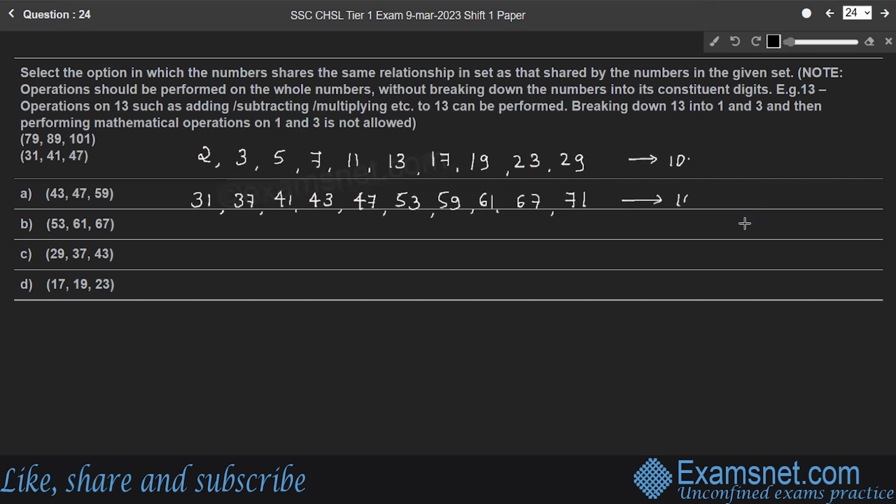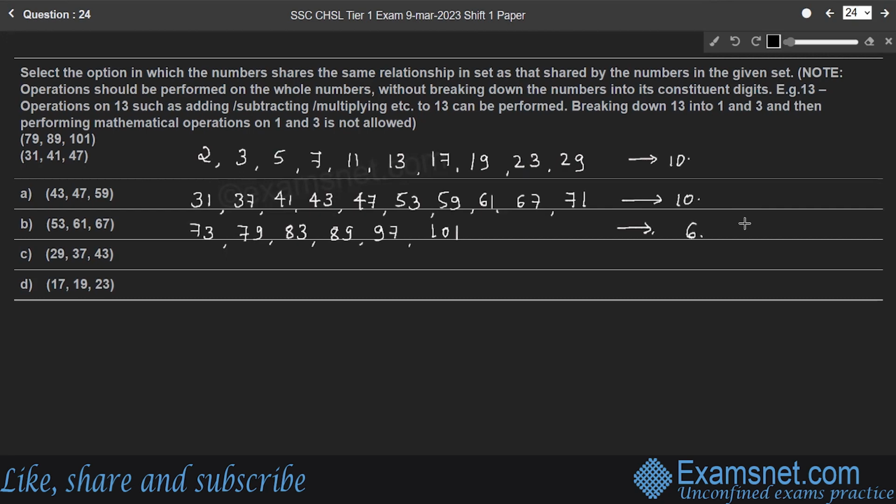So the next 10 numbers: after 71, we have 73, then 79, then 83, next comes 89, then 97. After 97, we have 101. So up to 101 we'll consider the prime numbers.